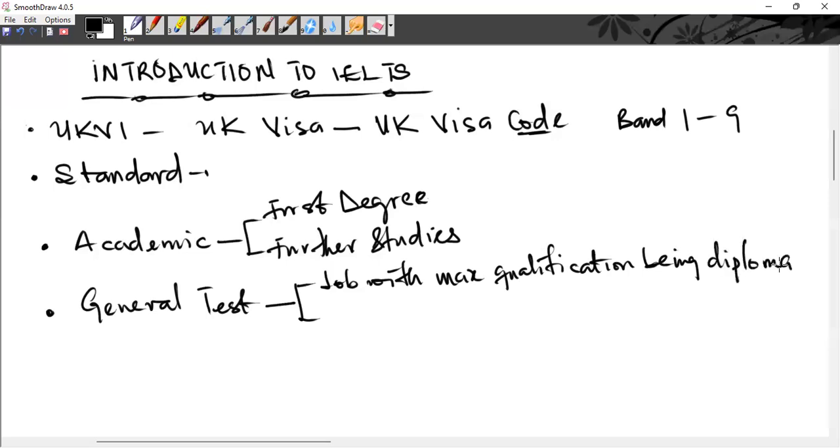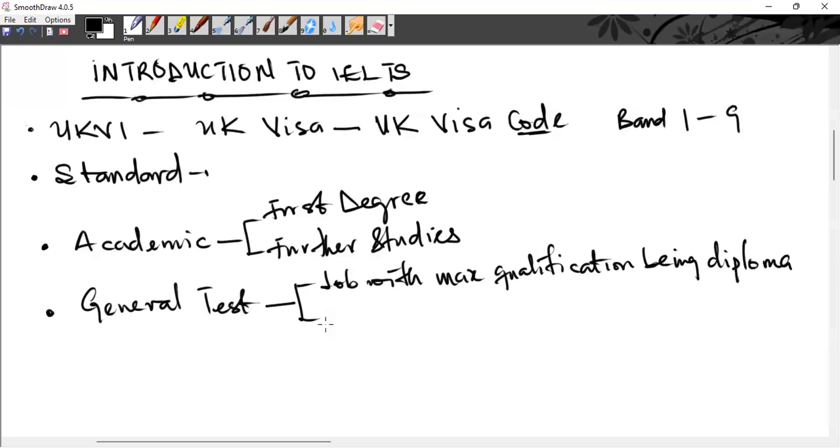Mind you, if the job requires a diploma in nursing, that one will be a degree and so academic, but ordinary jobs, you can use the general test. You can also use it for further studies, but only up to a level of diploma, not above.